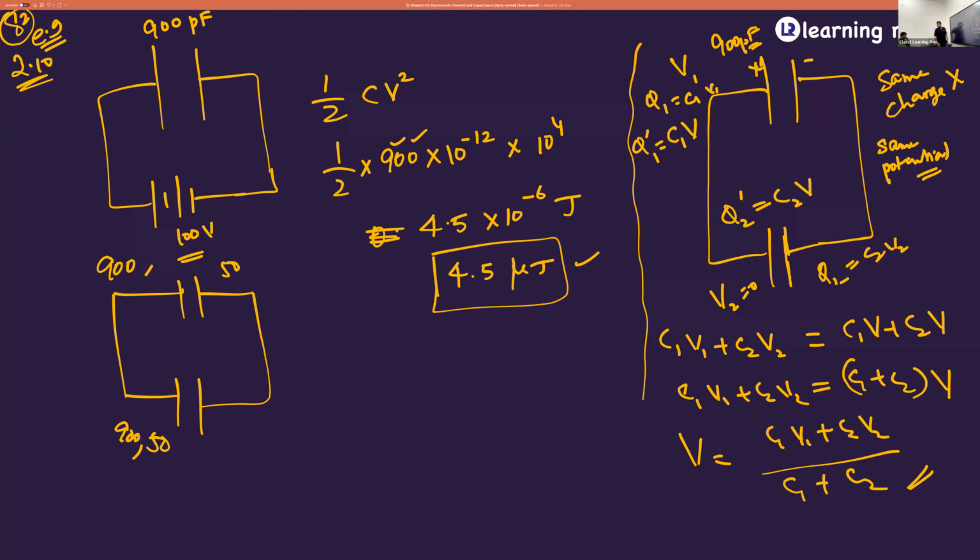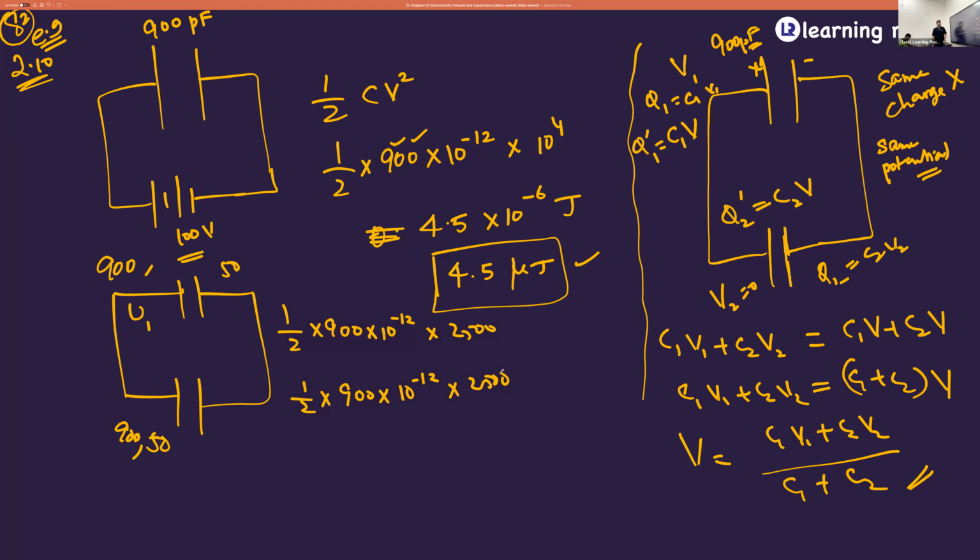So what is going to be the energy of the first one? Half. So how much is it? Half into 900 into 10 power minus 12 into V square, which is 50 square, 2500.